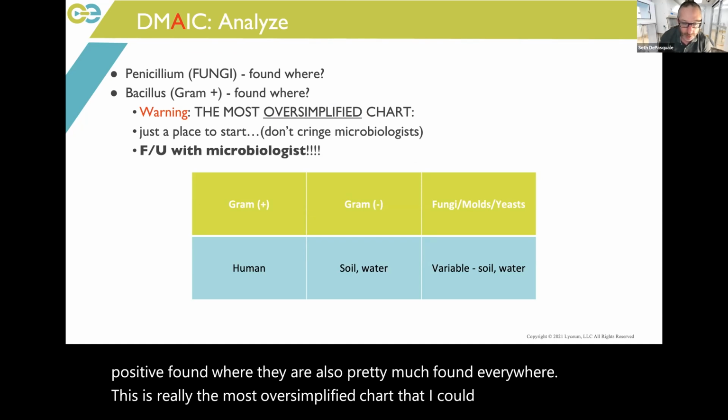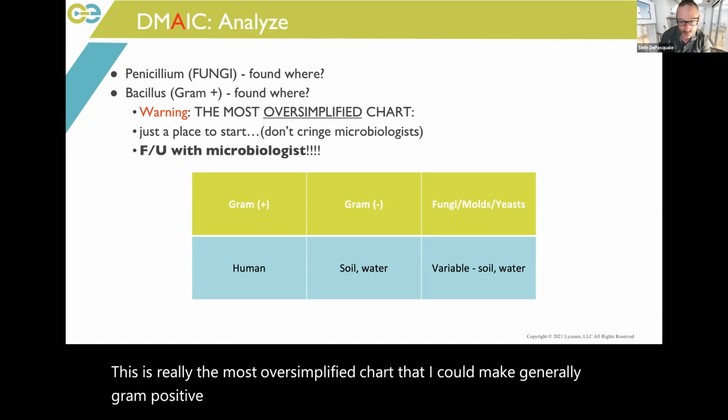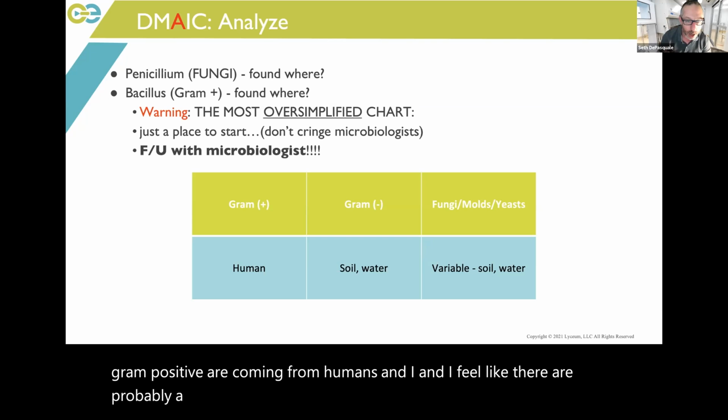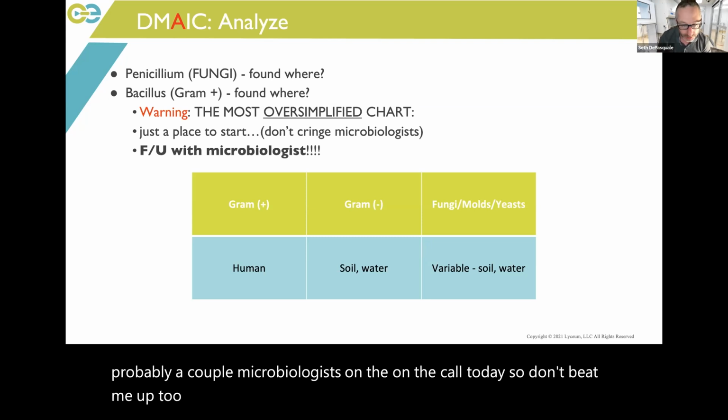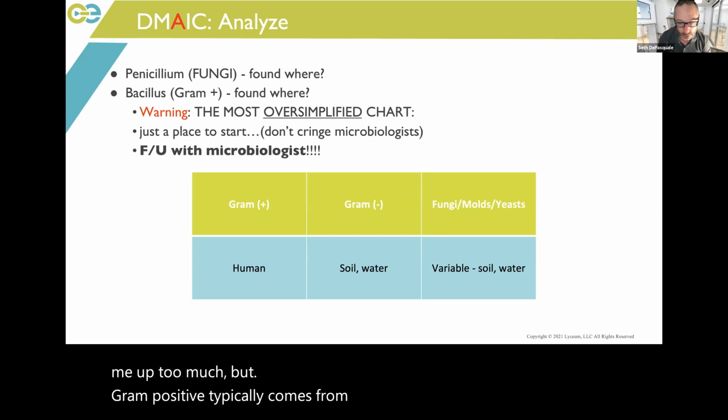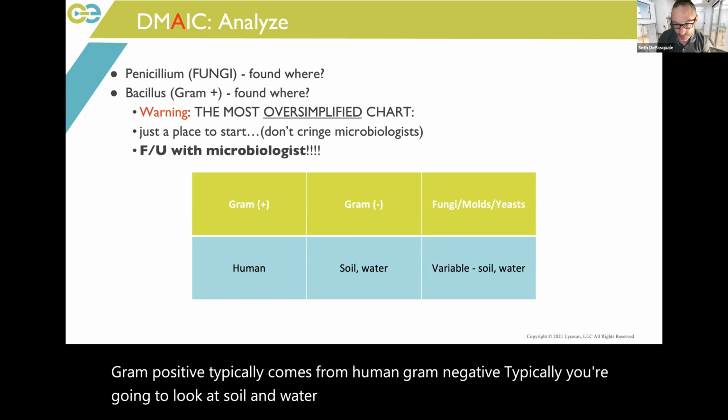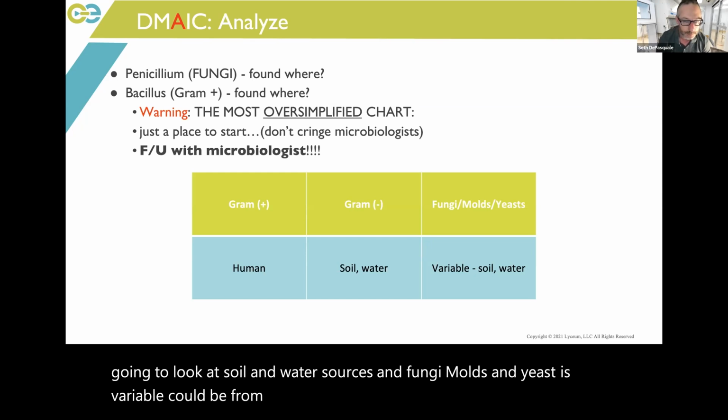Generally, gram-positive are coming from humans, and I feel like there are probably a couple microbiologists on the call today, so don't beat me up too much. But gram-positive typically comes from human. Gram-negative, typically you're going to look at soil and water sources, and fungi, molds, and yeasts is variable. You know, could be from soil or water sources.